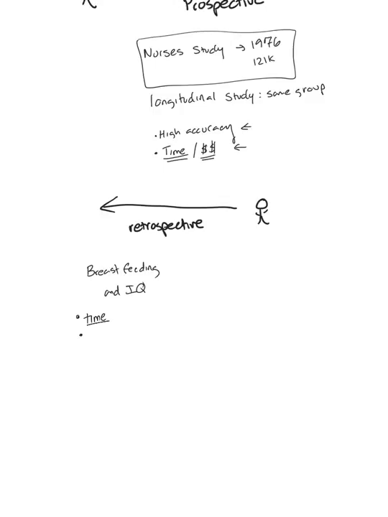The shortcoming, though, is pretty significant, and that is accuracy. That is, if I go out and I ask a mother, well, how long did you breastfeed for 6-7 years ago, she might not know to the exact day. And even the accuracy that she remembers, she might round it or approximate it when she reports it. So time is on your side if you're doing retrospective, accuracy is on your side if you're doing prospective studies.